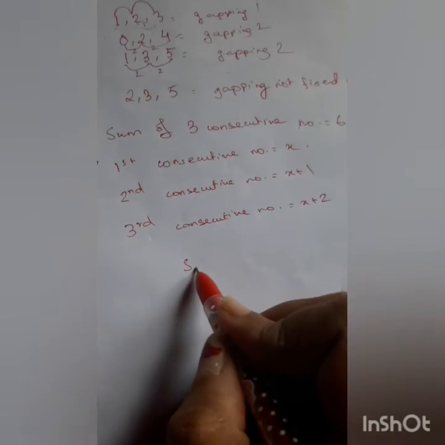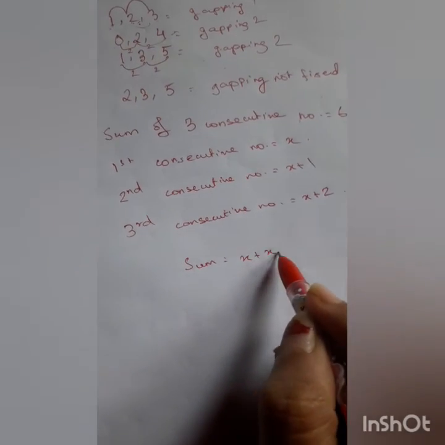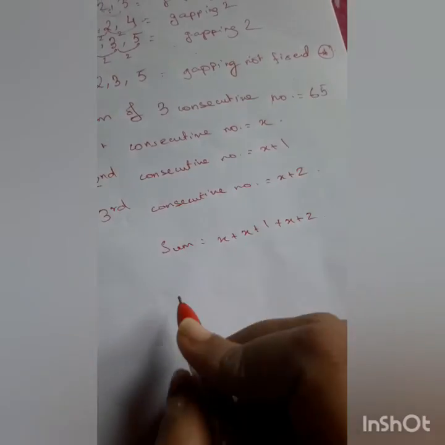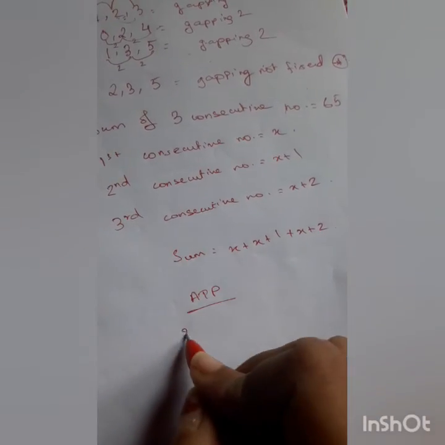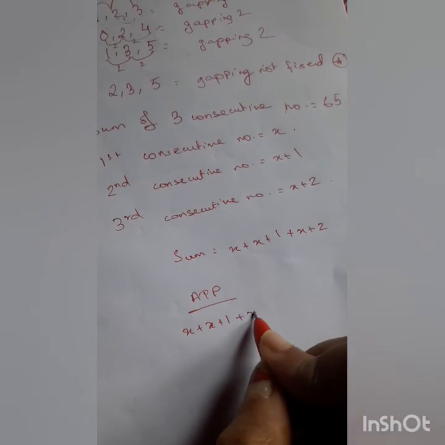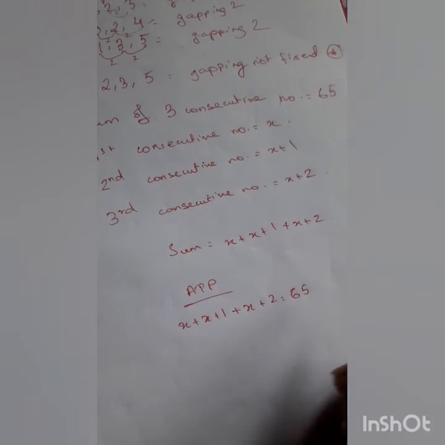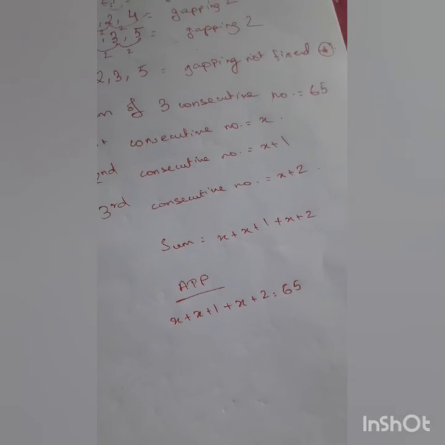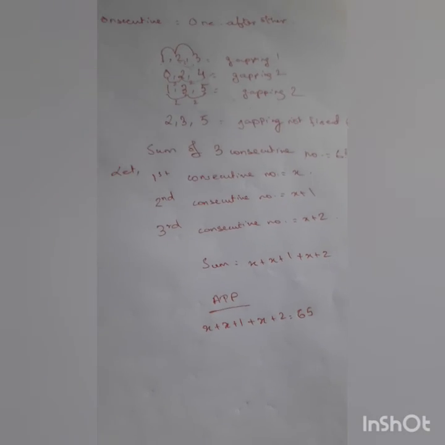Like this. Now their sum is x plus (x plus 1) plus (x plus 2). Now that is equal to 65. So according to the problem, x plus (x plus 1) plus (x plus 2) is equal to 65. You can just solve it one more step, or you can leave it here also. Understood? So this is the concept.